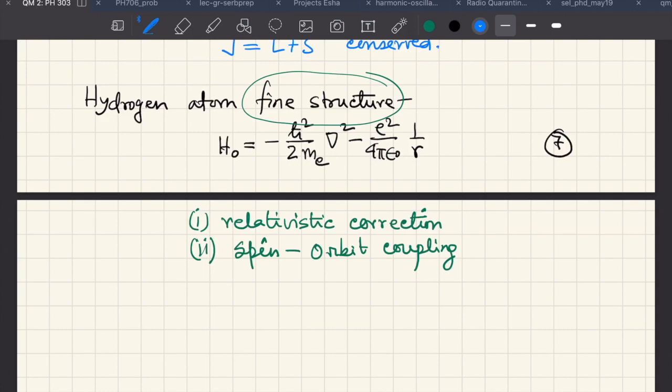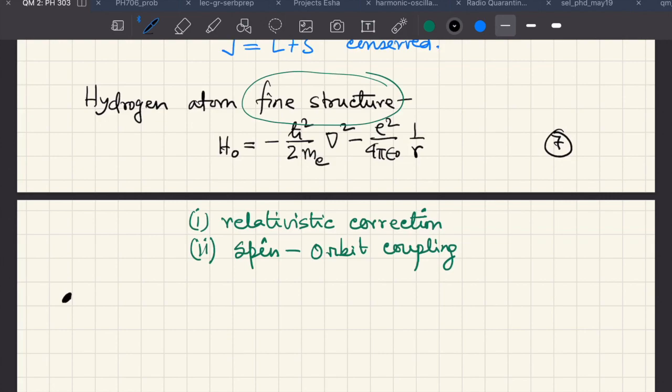You can still have another factor of alpha, and that is called the Lamb shift, which is associated with the quantization of the electric field. Of course, this is not in the purview of this course. I am just mentioning these things. And even smaller by yet another order is the hyperfine structure.